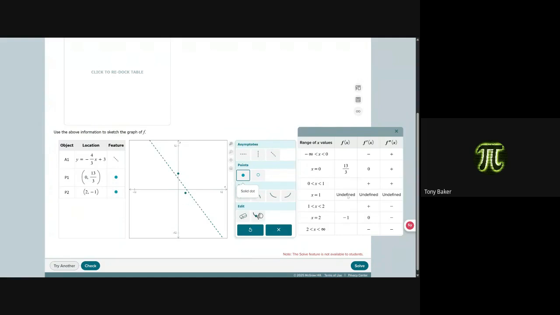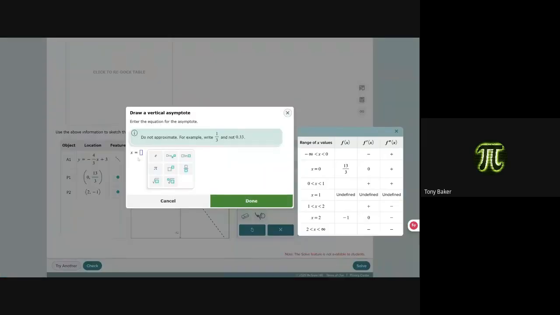Do I have any other asymptotes in this problem? Yeah. So x equals 1 is undefined. So that means you can't do it. So that's going to be a vertical asymptote.